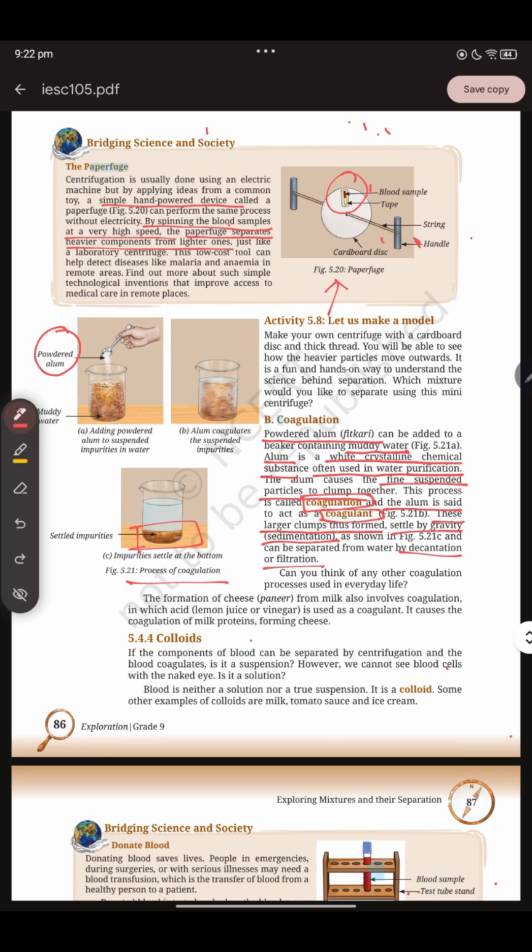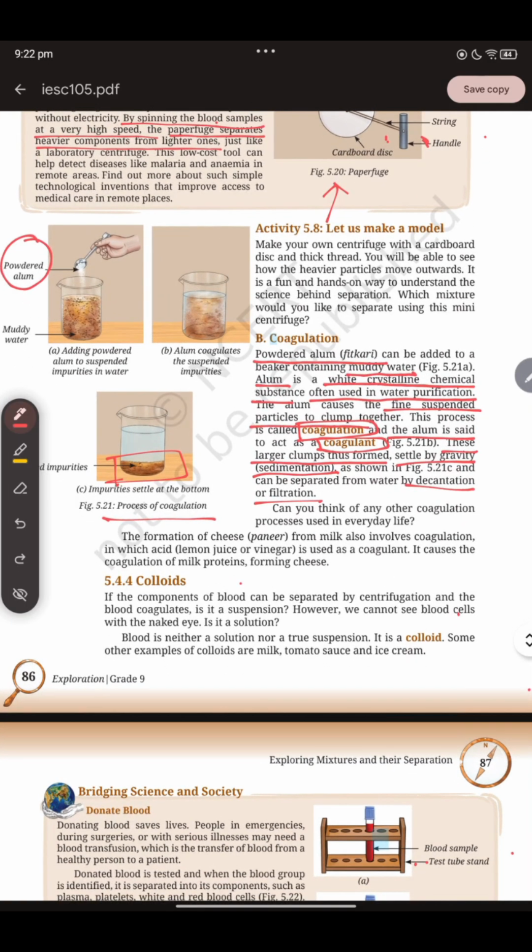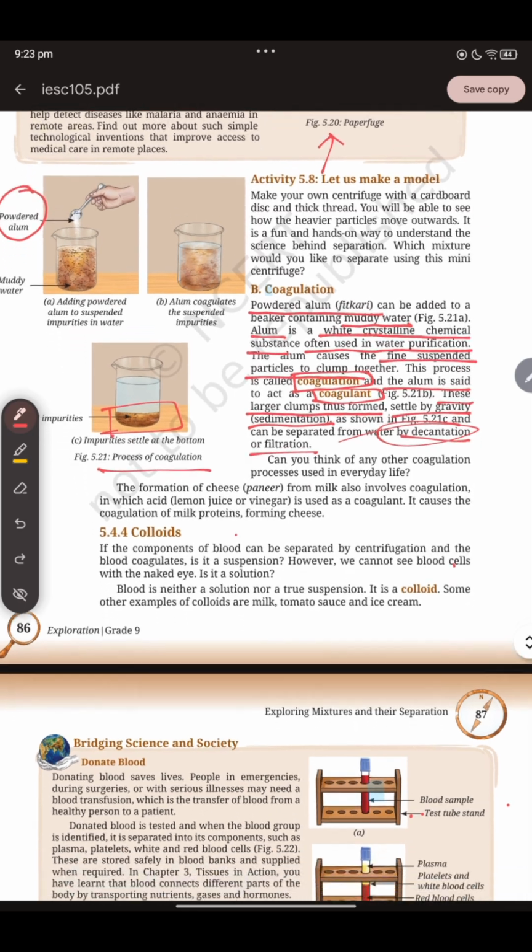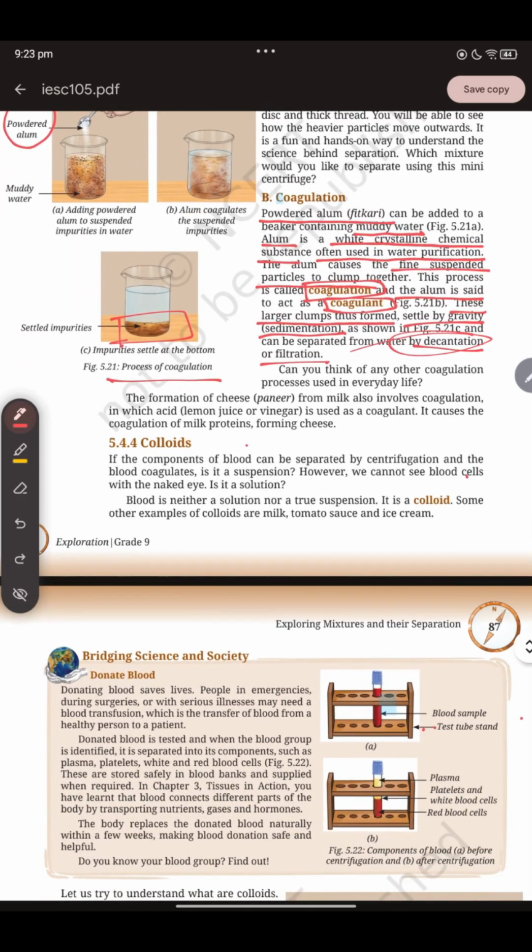That means the mud from the water was not clearly removed. But when you add a coagulant like alum or fitkari, the mud settles down, and after it settles by sedimentation, you can easily remove the supernatant liquid by decantation, right? So these are the methods.